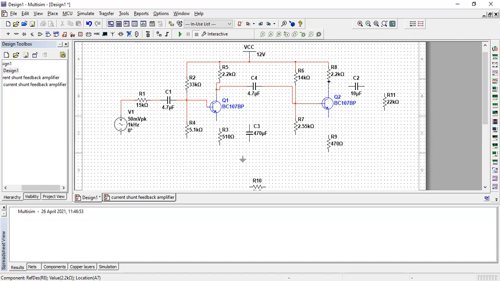This one. So the resistor is connected. Now this is connected. So this is connected. Now the emitter bypass capacitor and emitter resistance are connected.